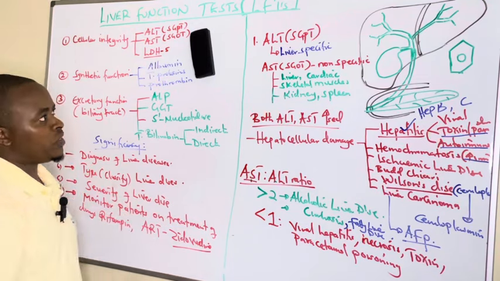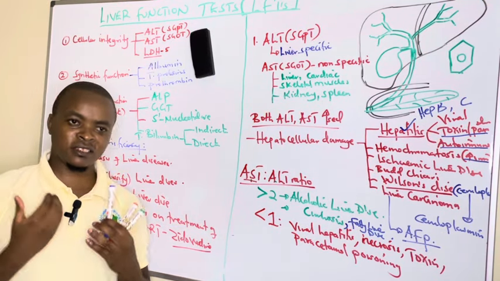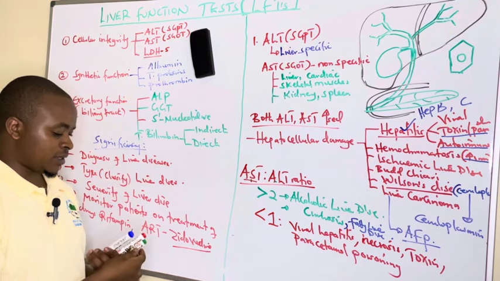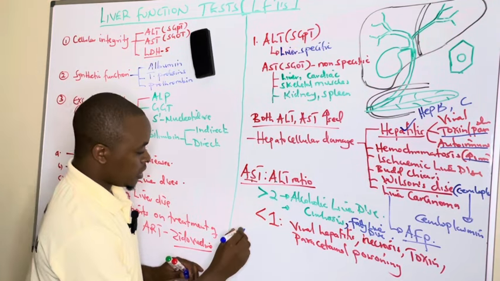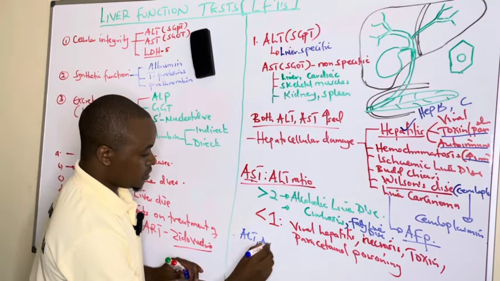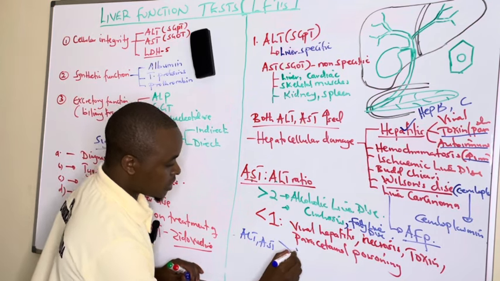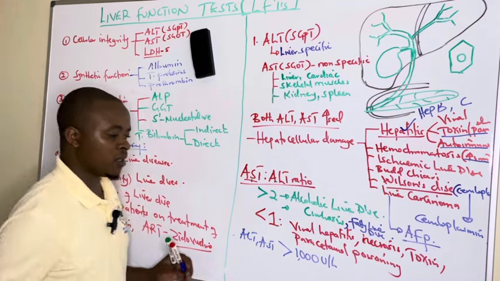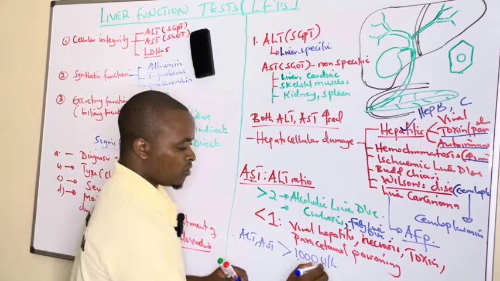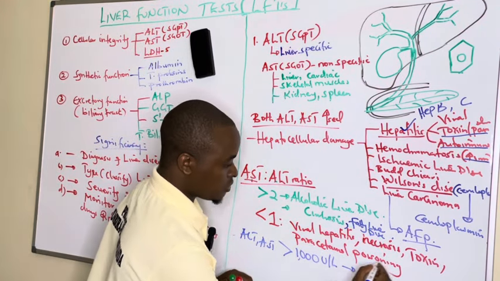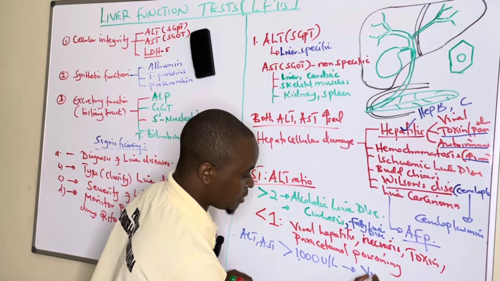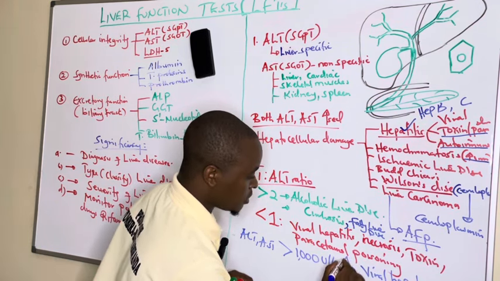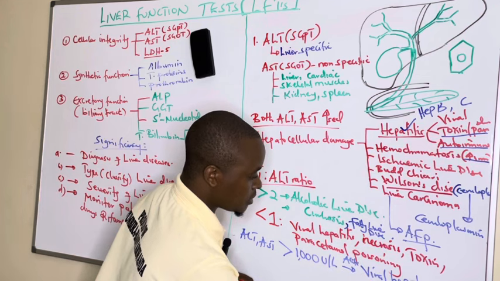And as I conclude with these two enzymes, which are interpreted together, whenever we do ALT and AST and we find their results greater than 1,000 international units per liter, this confirms viral hepatitis, acute viral hepatitis.